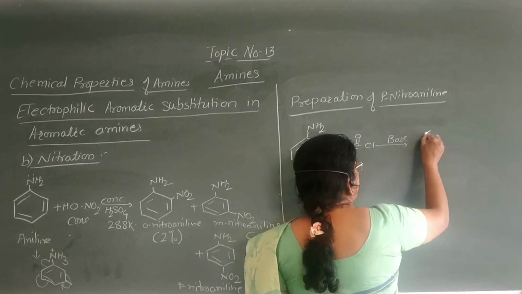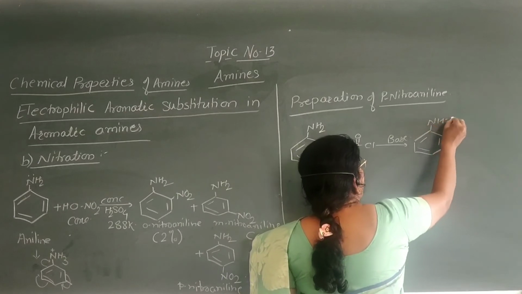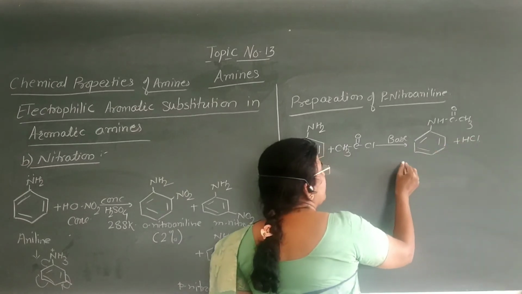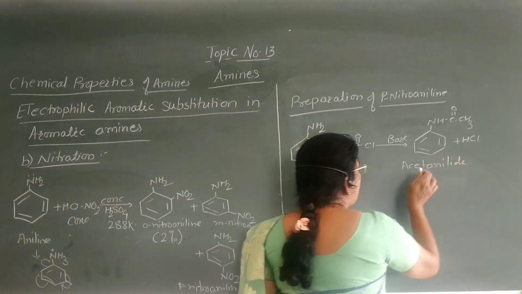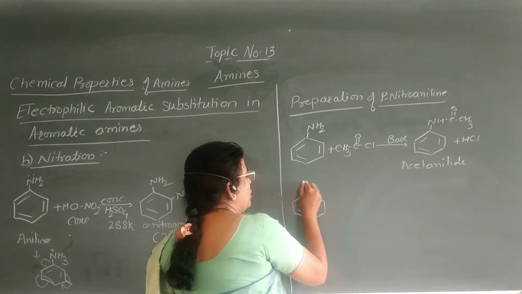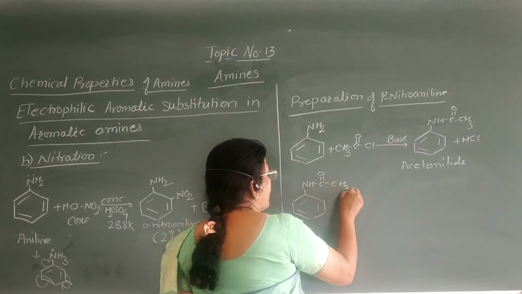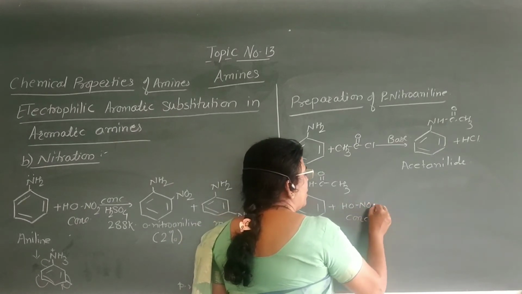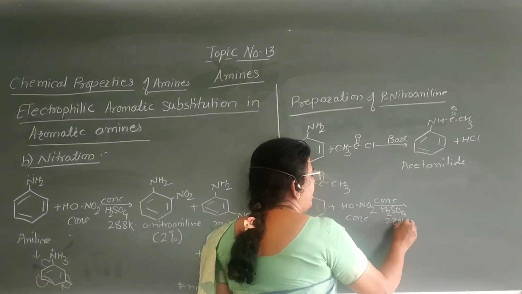Then we'll get NHCOCH3 plus HCl. This is acetanilide. Now this acetanilide is treated with nitrating mixture, that is concentrated HNO3 and concentrated H2SO4 at 288 Kelvin temperature.